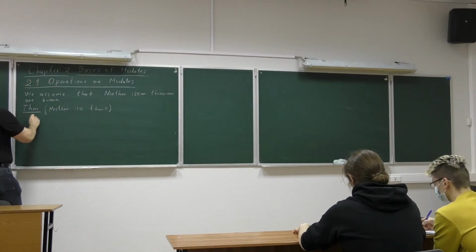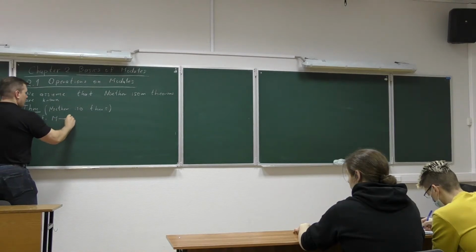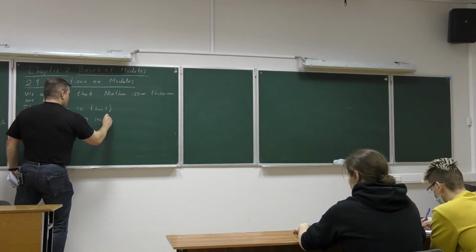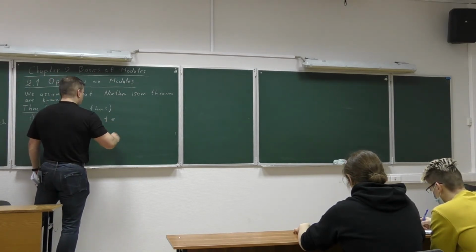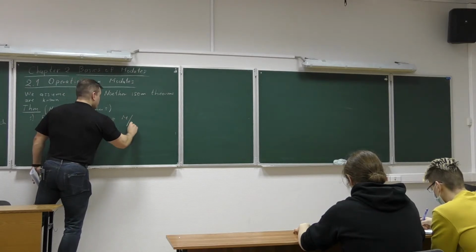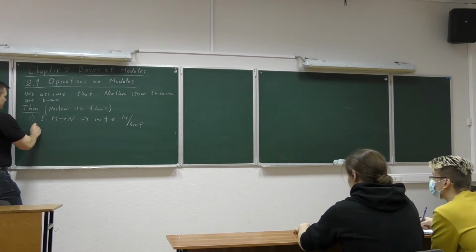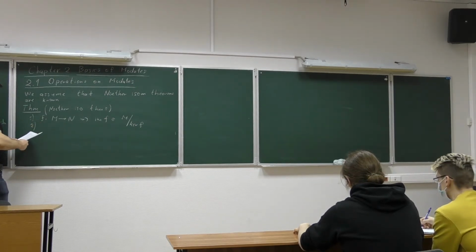So the first theorem, of course, tells us that if you have a homomorphism of modules, say f from M to N, then this implies that the image of the map f is isomorphic to the quotient module M modulo the kernel of f. This is the first isomorphism theorem. The second isomorphism theorem, well, that depends what you want to call second or third.